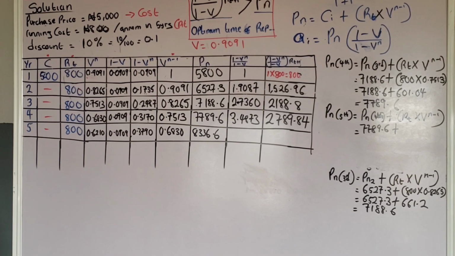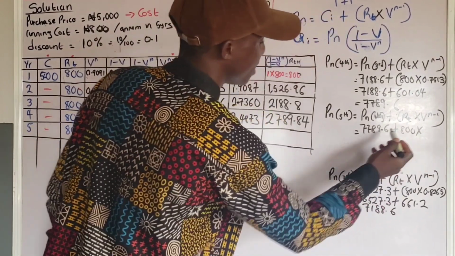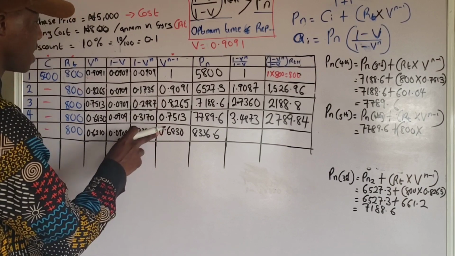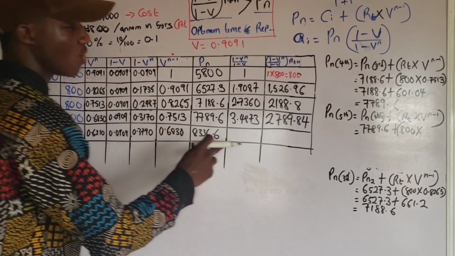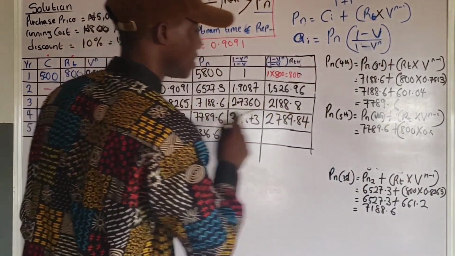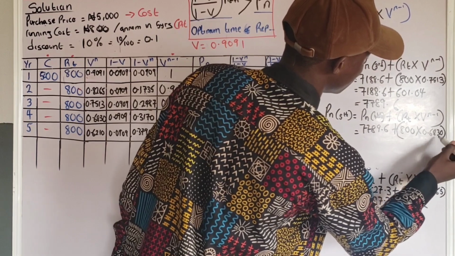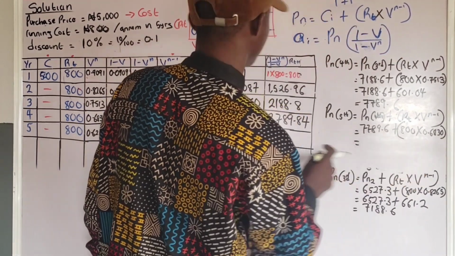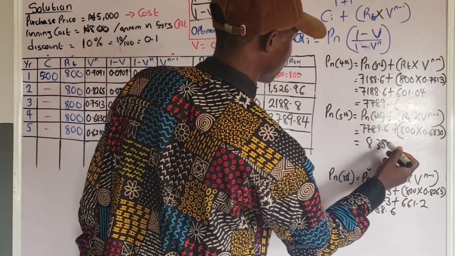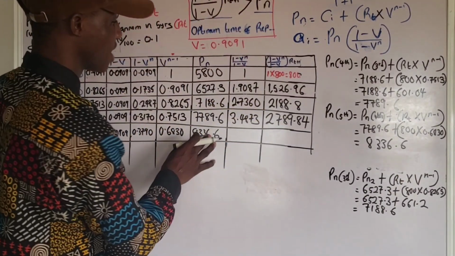That will be 800 multiplied by v raised to the power of n minus 1. V raised to the power of n minus 1 for the fifth year is 0.6830. You understand? So by the time you add this together, you're going to have 8,336.6. Okay, that's how I got this value.